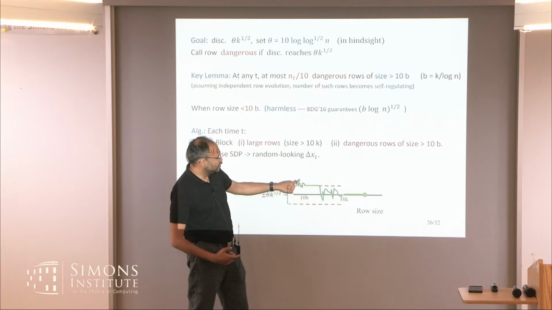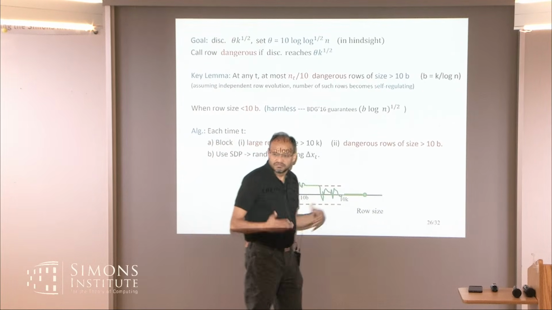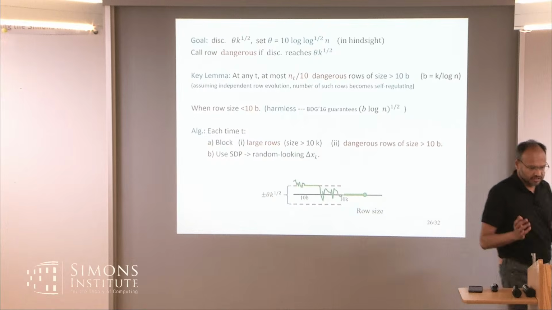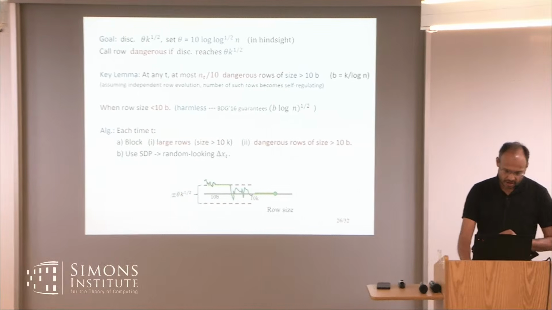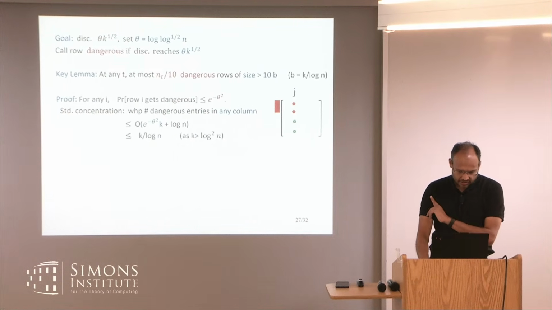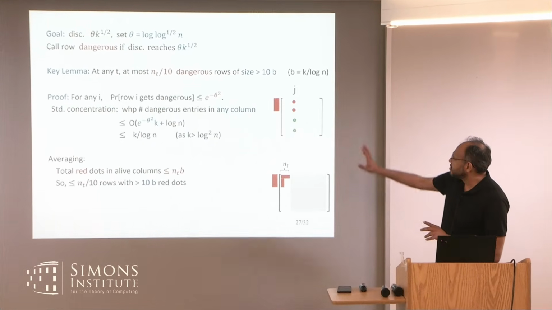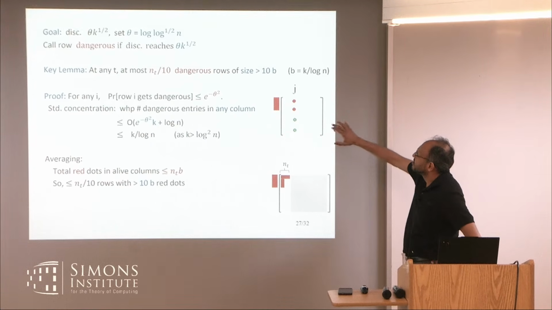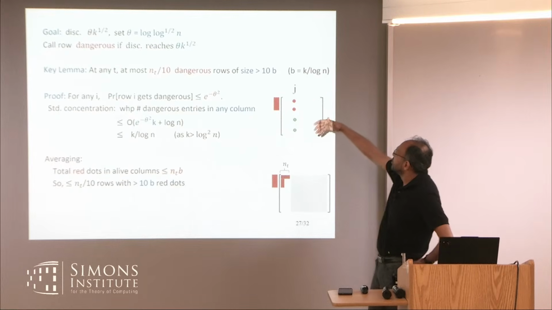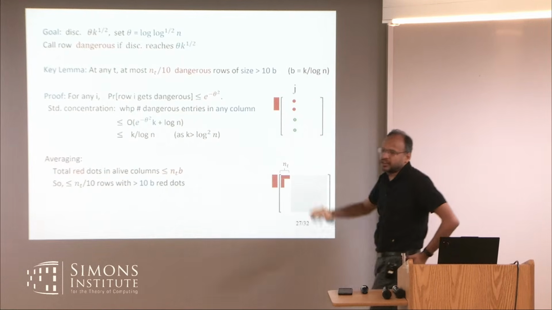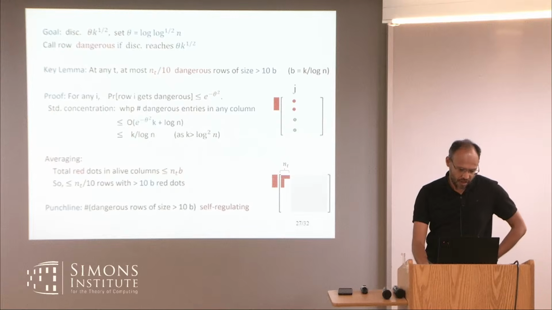If it is below 10b, I'll let it do its thing, but then it's irrelevant or harmless. It's too small to be of any concern to me. And a simple concentration argument, which I won't do, shows that if you had these different things evolving independently, this property holds.